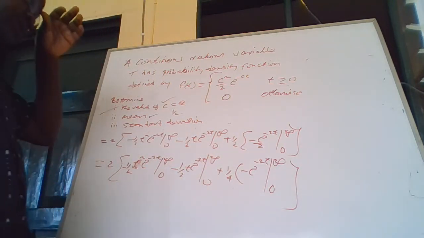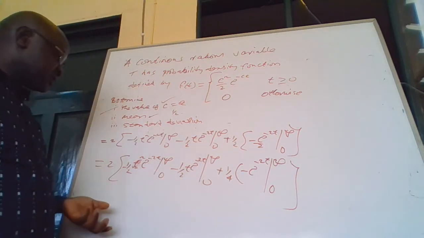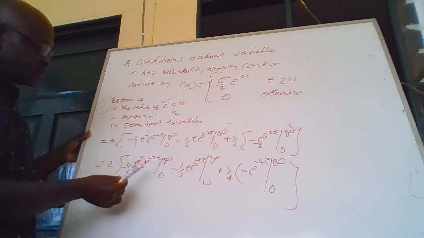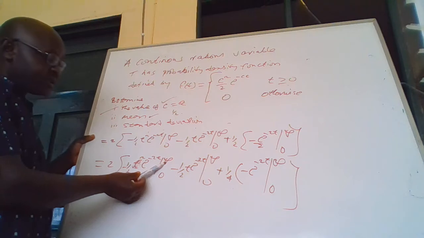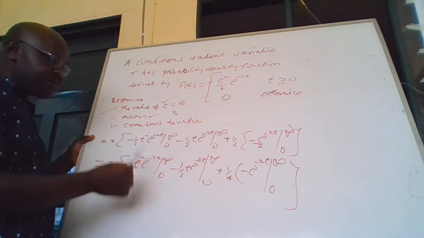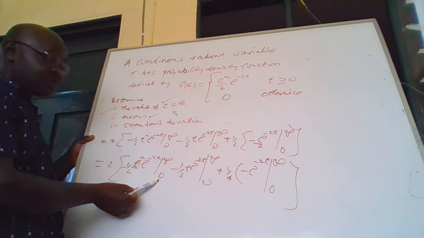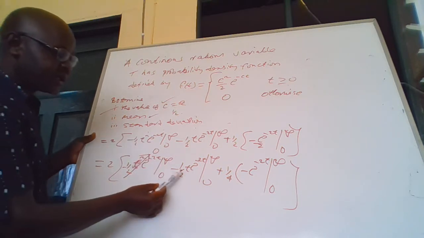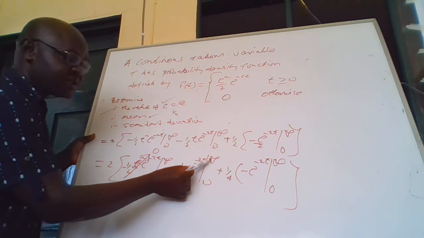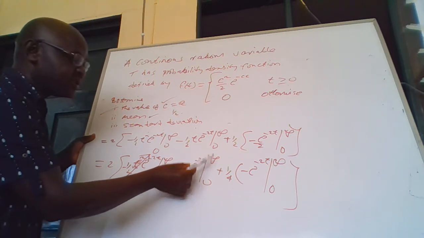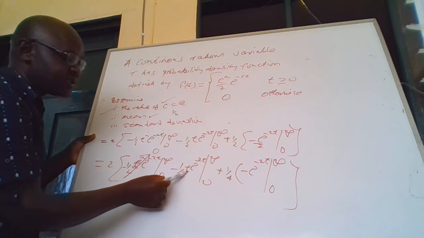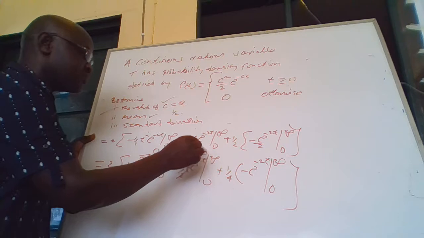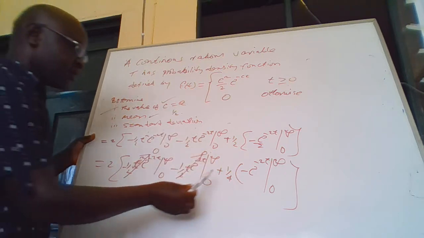At that point, we now substitute in the limits. Now from here you can see that this bracket, when we substitute in the positive infinity, then minus, we substitute in the lower limit which is 0, this bracket will be 0. Likewise here, when we substitute the upper limit which is positive infinity, then minus, we substitute in the lower limit which is t, which is now 0. This one again becomes 0.